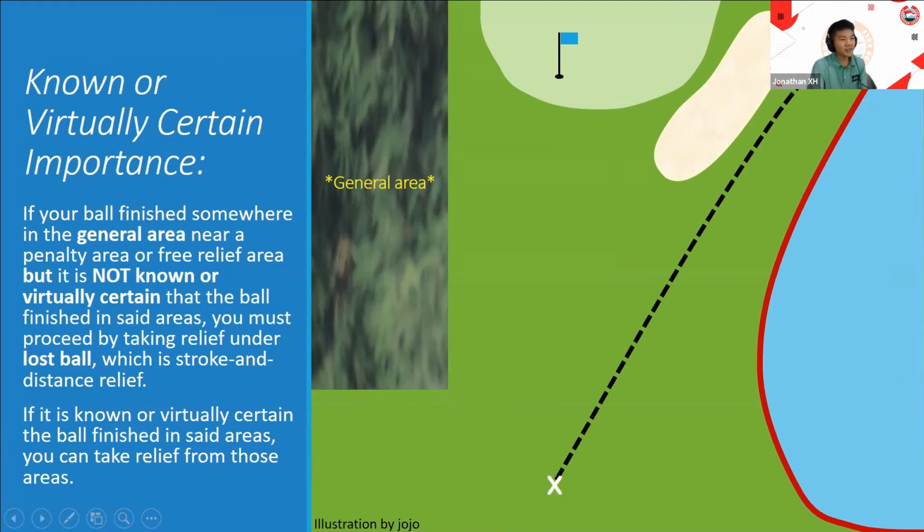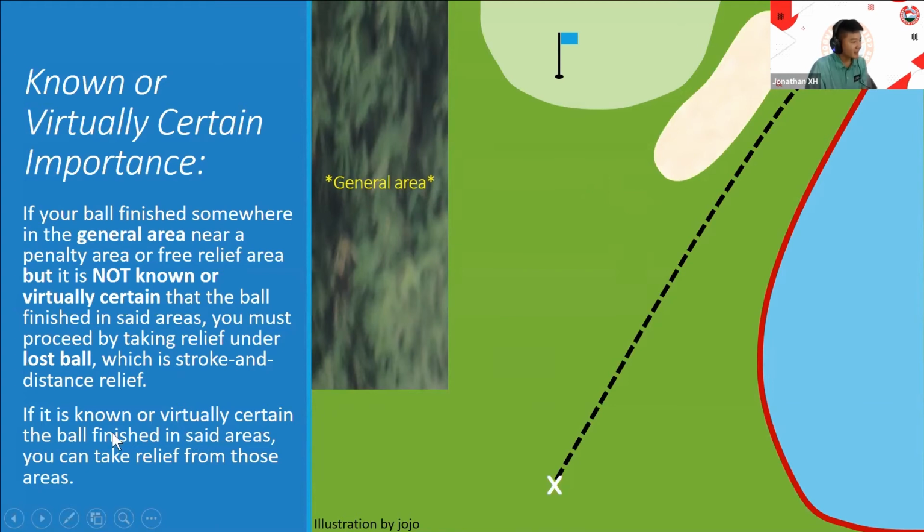But you don't know, so it's grayed out because we'll imagine in this case we didn't see the ball finish. We only saw it land somewhere on that gray dot. You must proceed by taking relief under lost ball if you cannot find this gray ball and it is not known or virtually certain that the ball went into the penalty area over here.